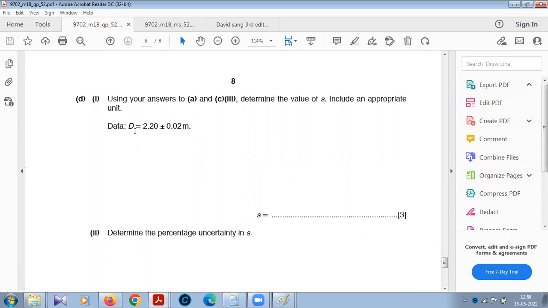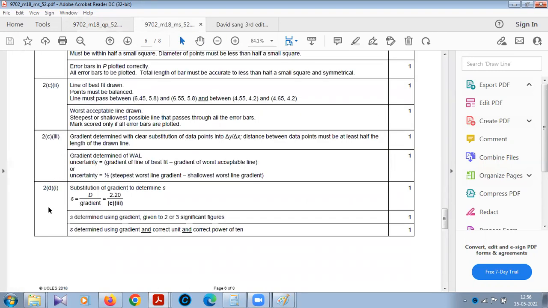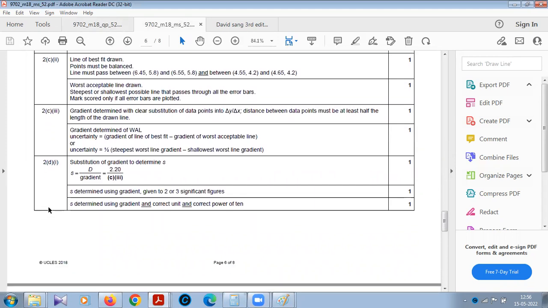The value of capital D is given, that is the screen distance, which is 2.2. So S will be capital D divided by the gradient, because D by S is the gradient.